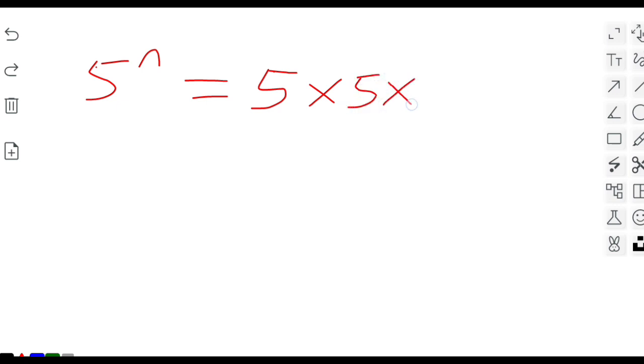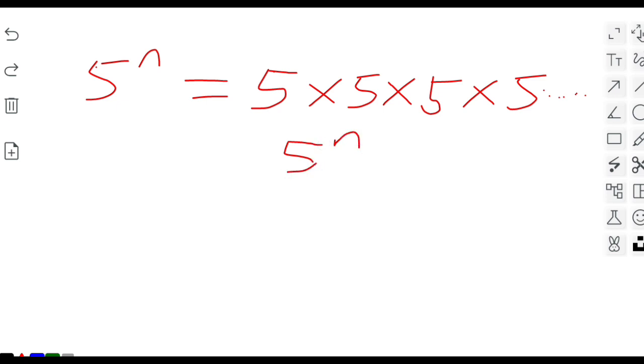N times simply means a number that is not given, an index that is not given. So this could be 5 times infinity. That is n times. N times could stand for 5, 6, 8, 9, as the case may be.